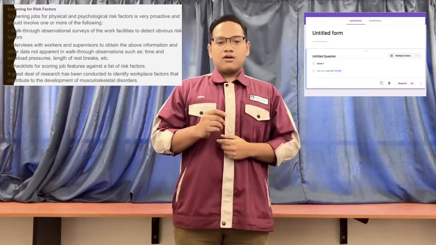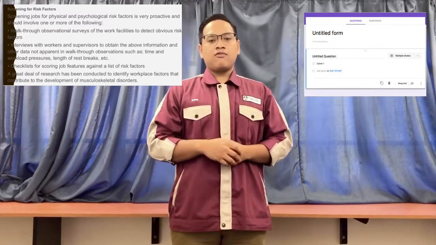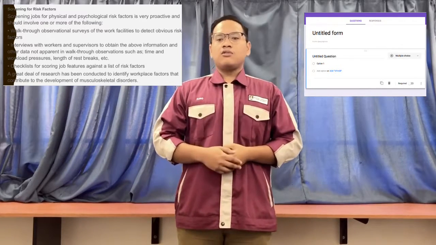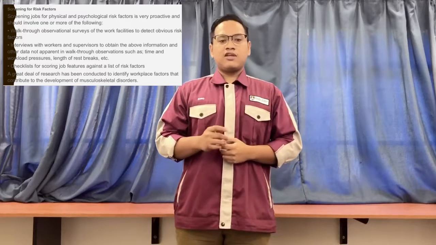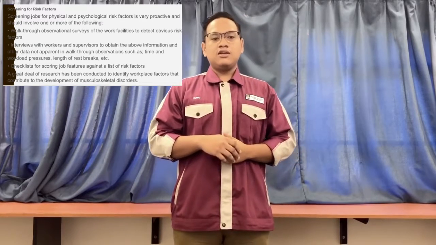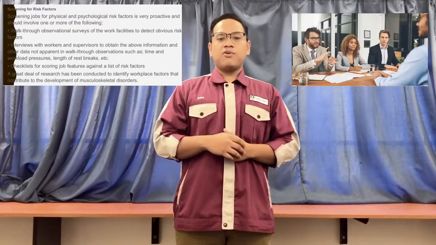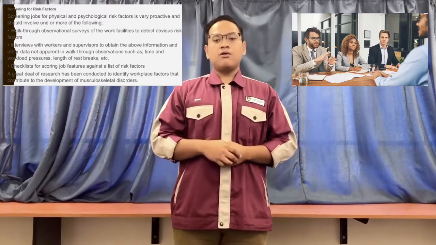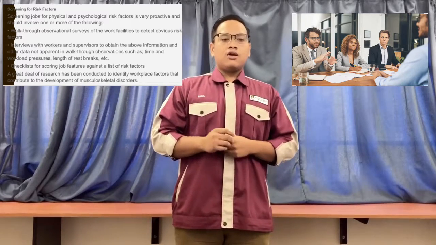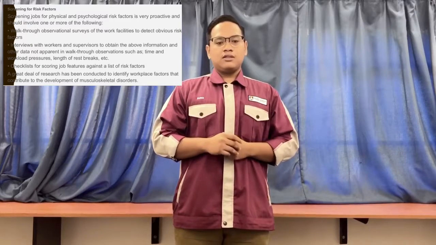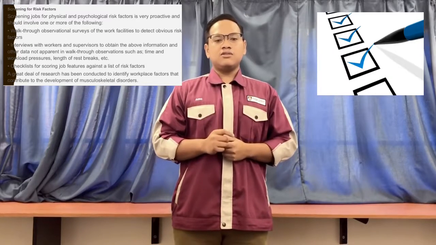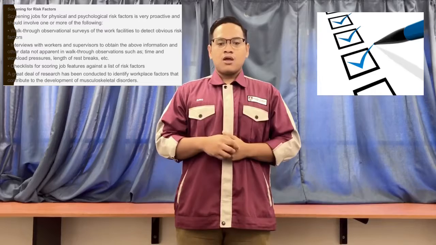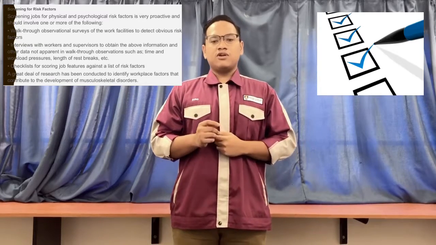First, a walk-through observational survey of the worker's facility to detect obvious risk factors. The second is an interview with the worker and the supervisor to obtain the above information and other data. The third is a checklist for scoring the job against a list of risk factors.